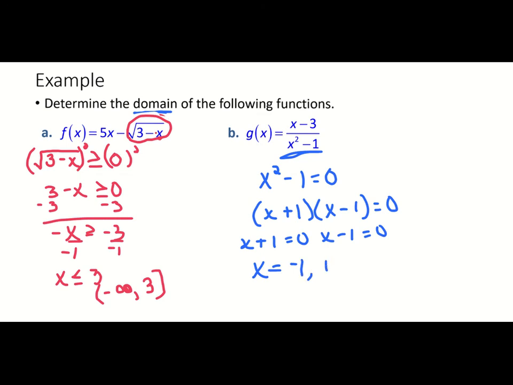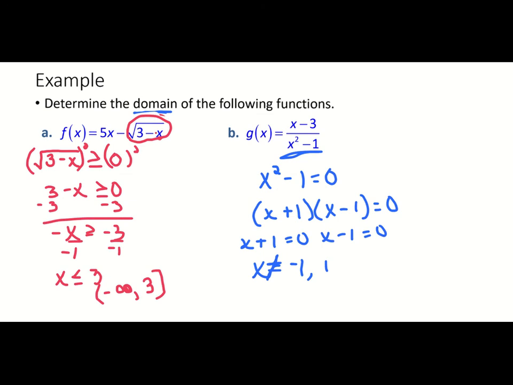So what it's telling me here is I can plug anything into this equation except when I will get a 0, which is when x is negative 1 or 1. So that means I can't use those two values. That's when my domain is undefined. That's when I will get a 0.